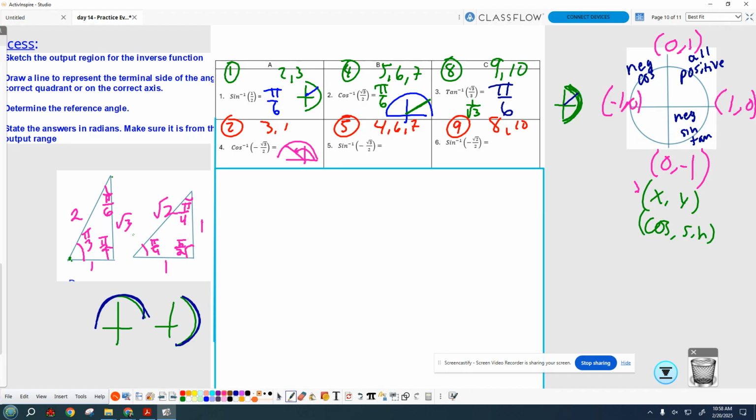Pi over 6 or pi over 3? Pi over 6. But these groups that did the work said it's pi over 6, but it's over there, and it's pi minus, it's pi over 6 short. So it's 5 pi over 6. That takes you just 1/6 short of the answer. So we would never use something like 11 pi over 6.